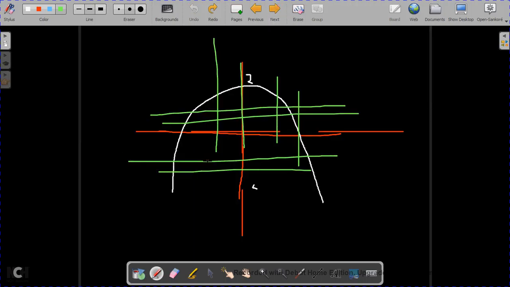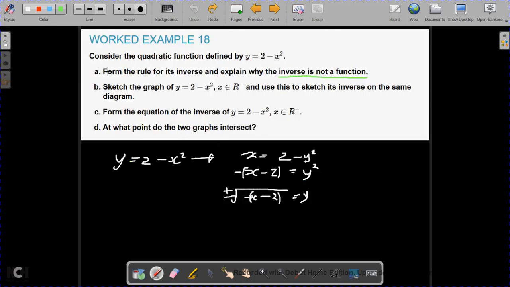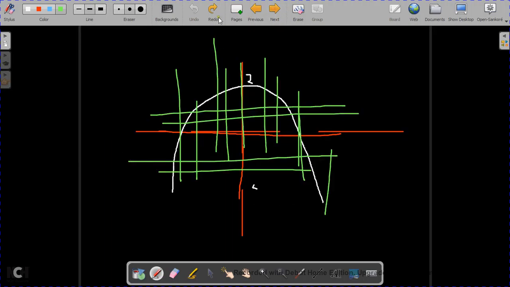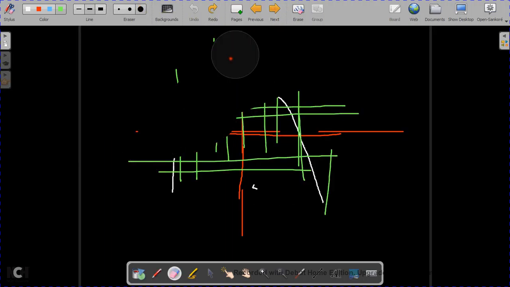Okay, even though our original function is a function, because we've got the vertical line test that passes, so it is a function, our inverse is not going to be a function. Alright, so sketch the graph of y equals 2 take x squared, for x is all negative numbers. Now let's just clear all that.